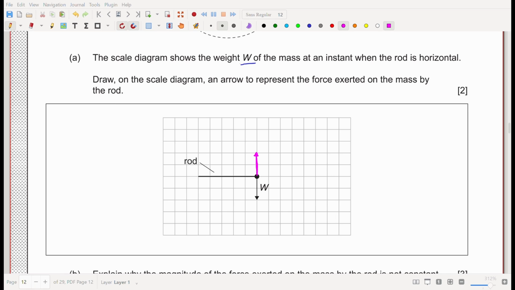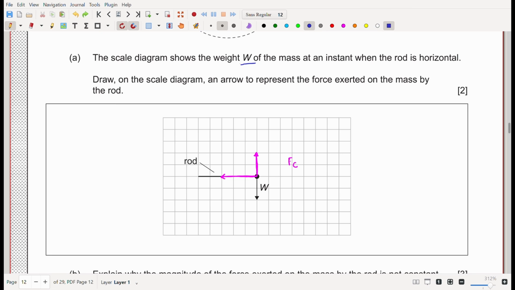Next, we have to look at centripetal force, Fc. So Fc is provided this way, as always. For this particular thing, I'm just going to draw it as 3 units. It could be anything, your choice, as long as it's acting inwards towards the center of the rod, you are good.